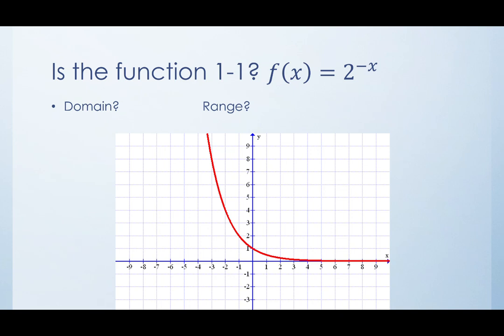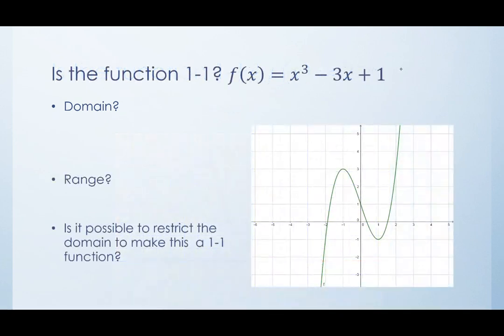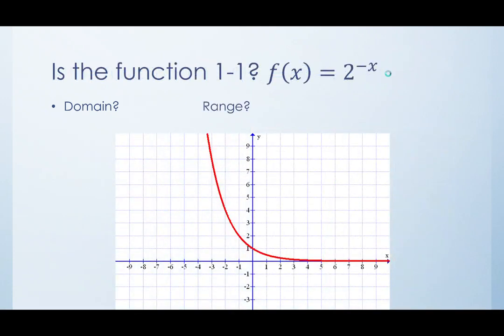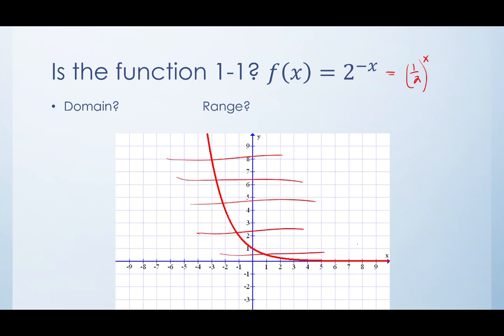So we look at the graph of 2 to the negative x, which, if you remember your exponent rules, is the same as (1/2) to the x, if you want to think about it that way. Either way, we can look at this pretty quickly and say, hey, every horizontal line that I might draw through the graph is only intersecting in one spot.